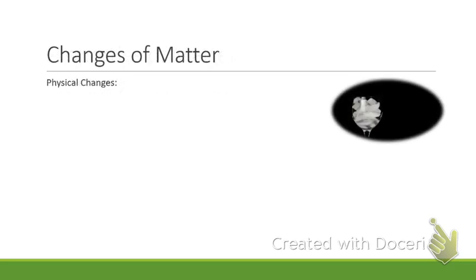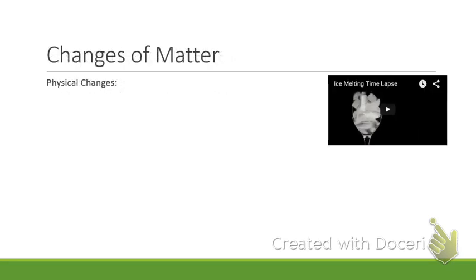If we want to look further, let's look at physical versus chemical changes of matter now. Here we have a physical change. A physical change is one in which the composition of the substance does not change as it goes from one physical state to another. Whereas a chemical change is one where the substance is converted into a new substance.